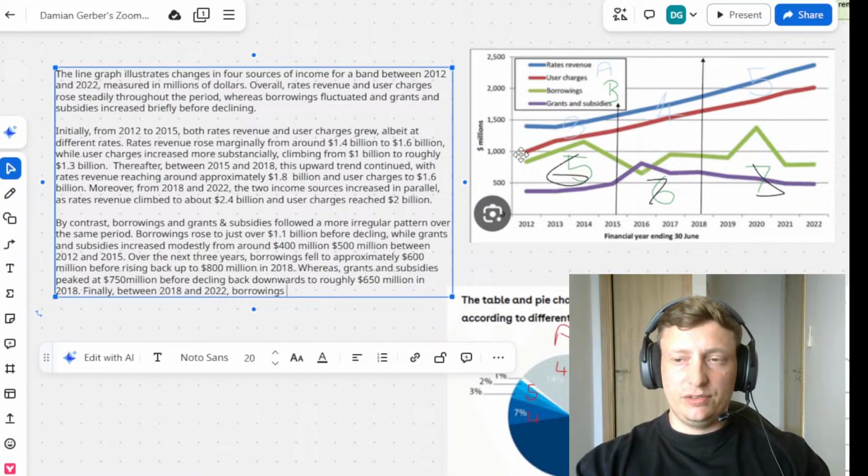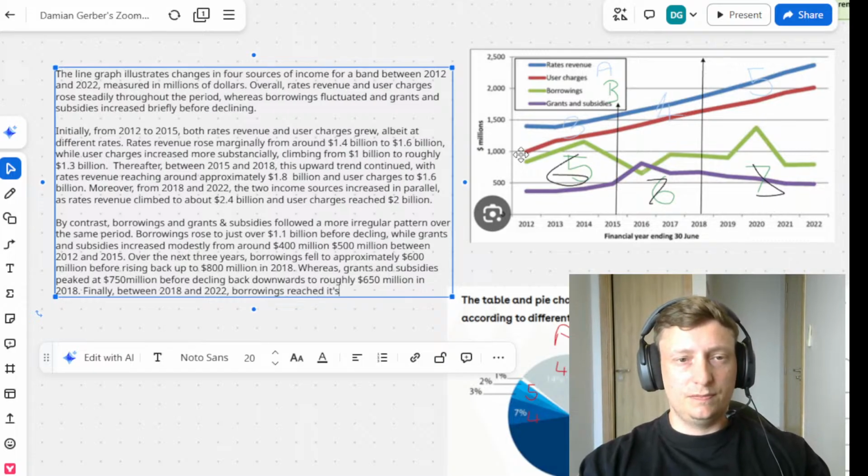Okay, so between 2018 borrowings, it went up and down. We could say fluctuated here. We could also say peaked or reached its highest point. Let's go with that because we used peaked earlier.